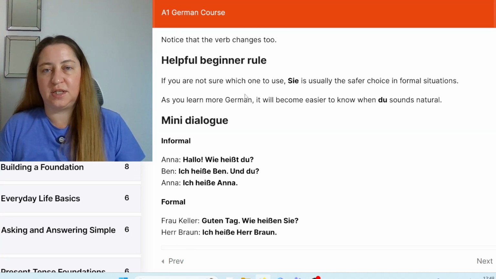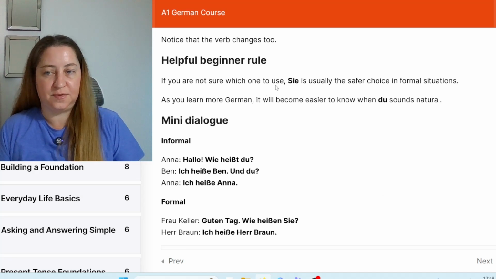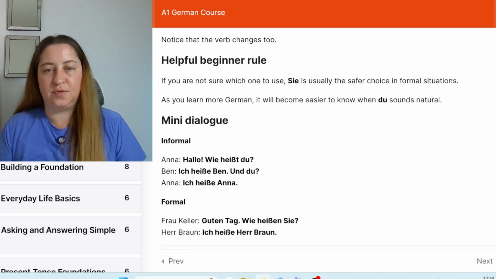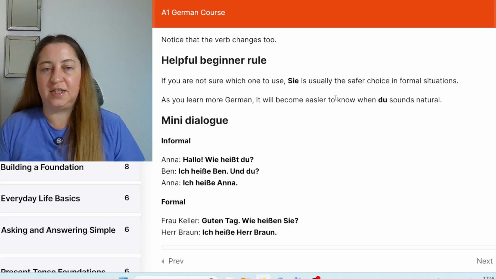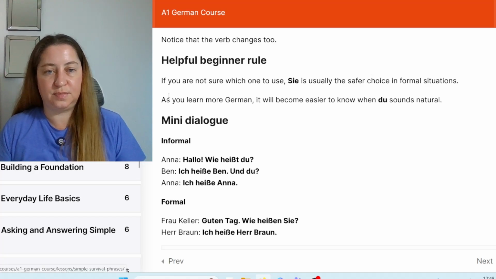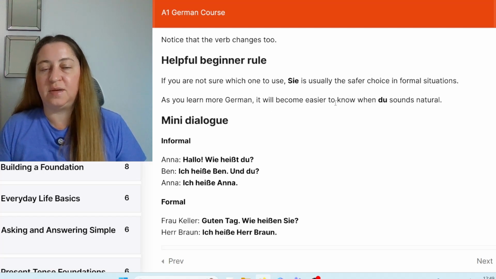We're just going to be touching on the subject for now, so don't get too carried away in the details. If you're not sure which one to use, Sie is usually a safer choice in formal situations. And as you learn more German and practice, it'll become clearer when to use the du form.